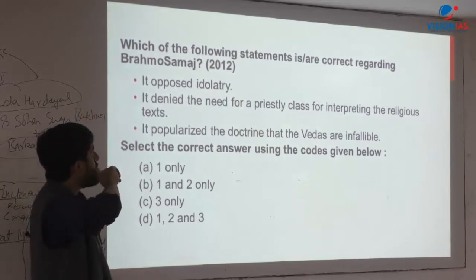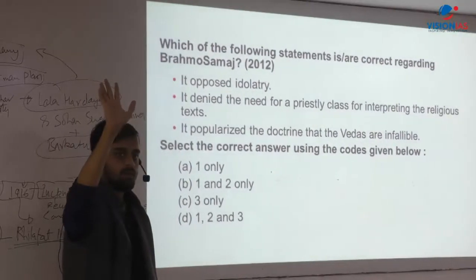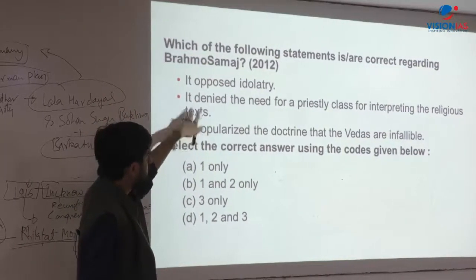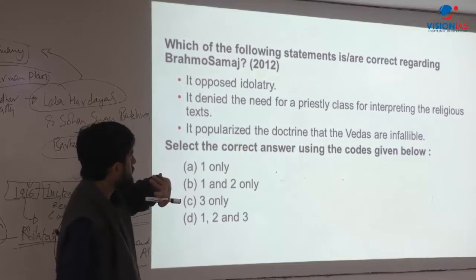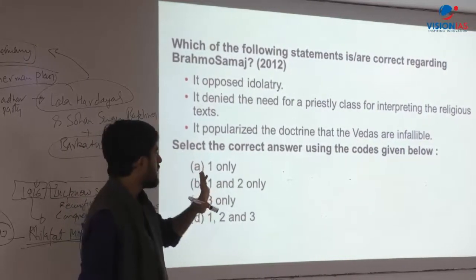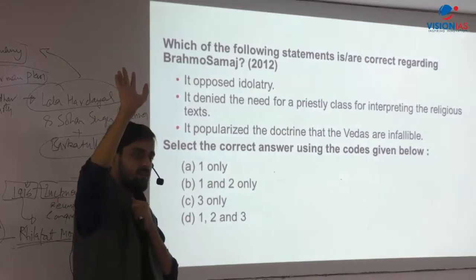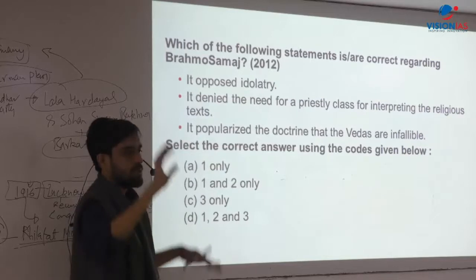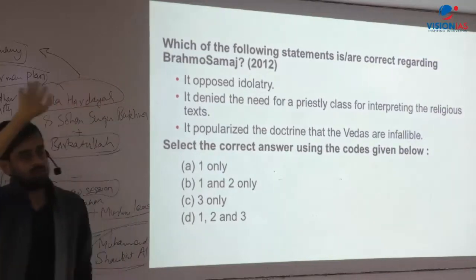How many think that the first statement is not correct? Okay. What about the second statement? Second statement is? How many think that the second statement is correct? Okay. What about the third statement? How many think that the third statement is correct?